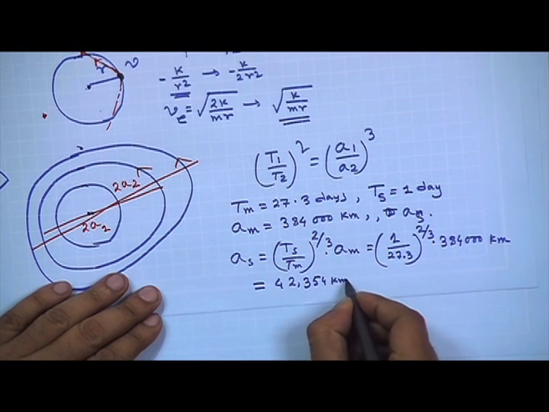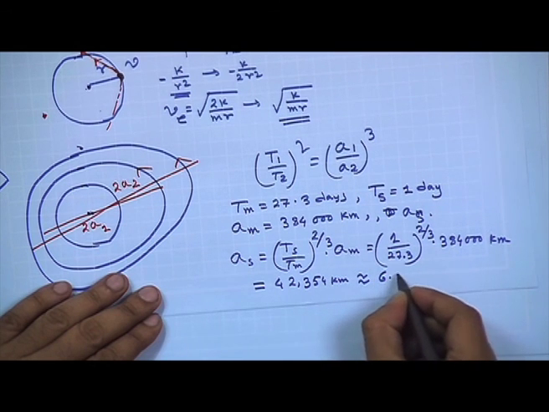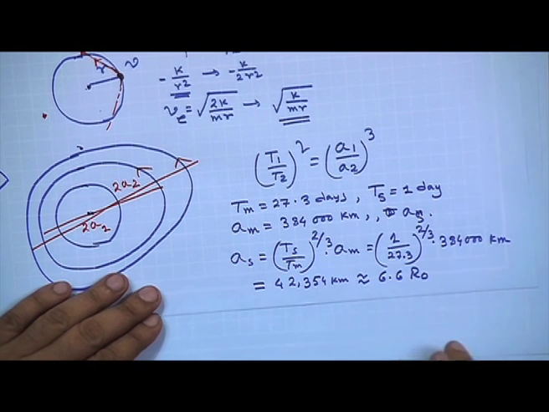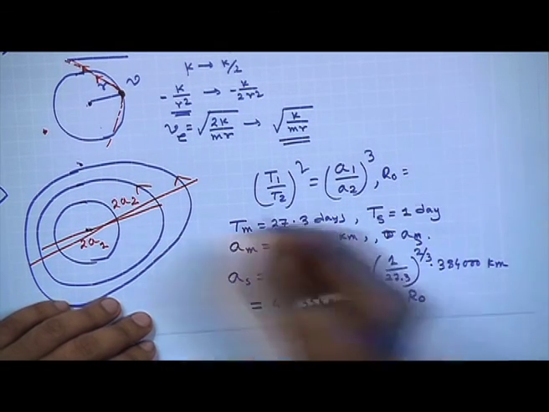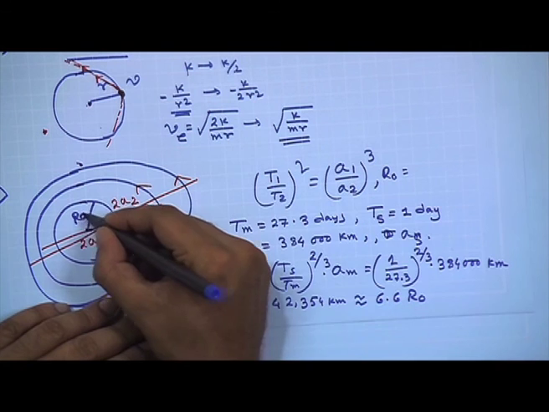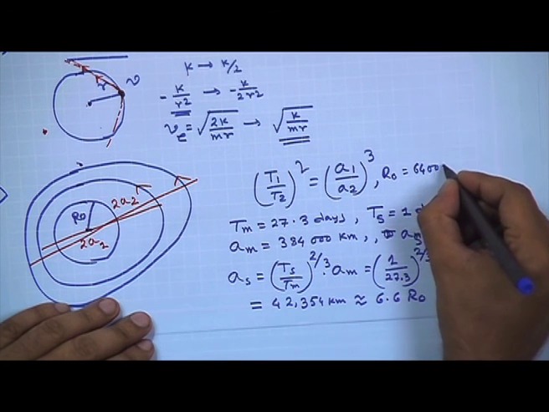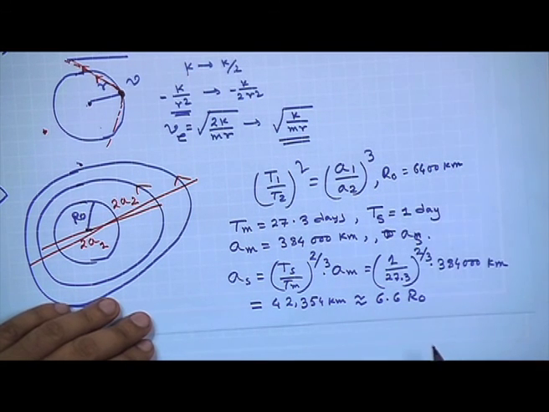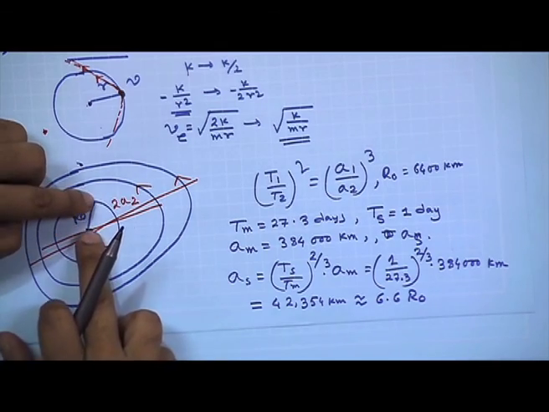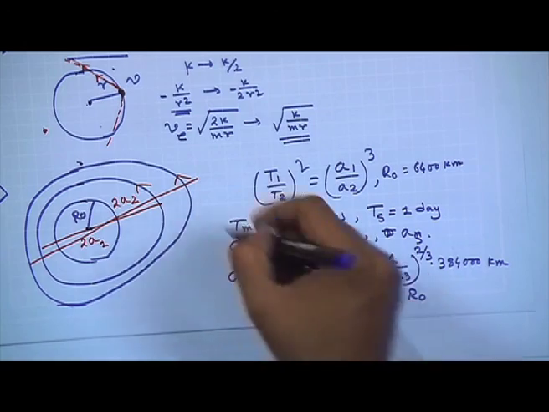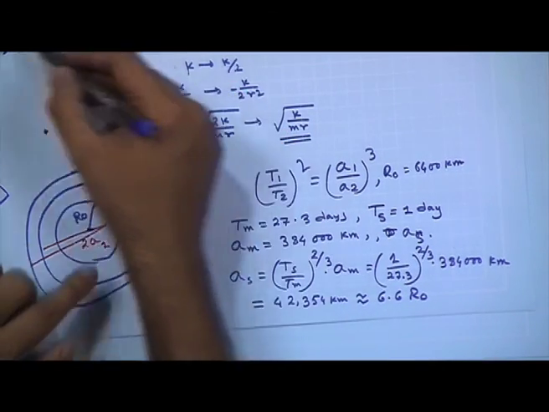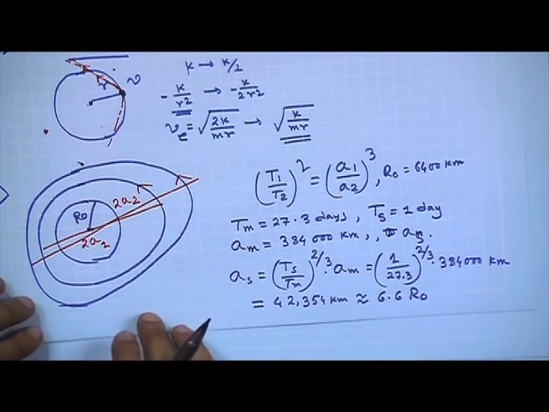42,354 kilometers, approximately 6.6 R0, assuming that R0, the radius of the Earth, is 6400 kilometers. So, if this is R0, then 6.6 R0 is somewhere along above this height, where a geostationary orbit must rotate.